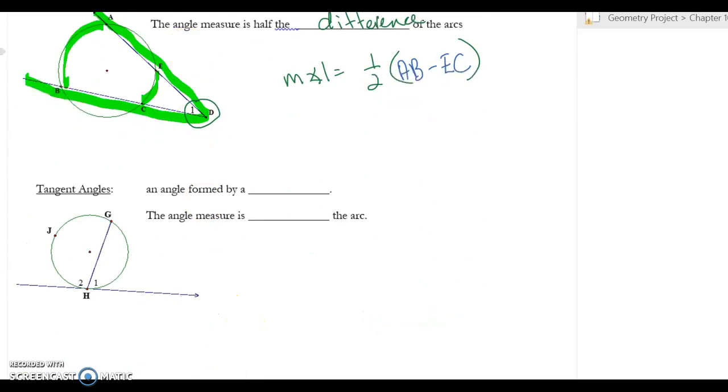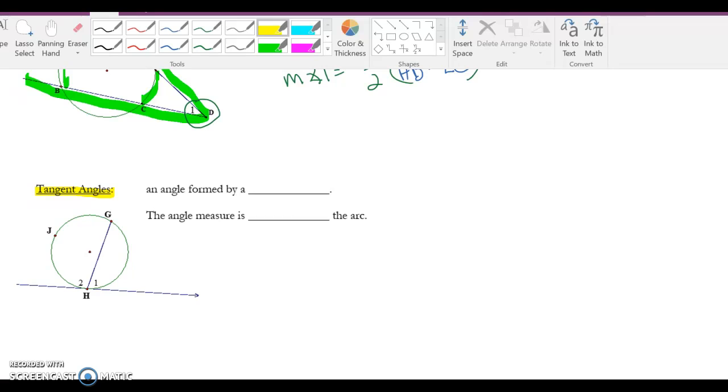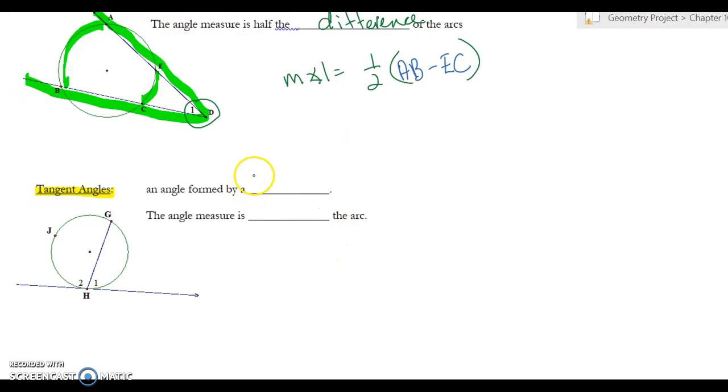Okay. The next type of special angle we have is tangent angle. It's an angle formed by a tangent and chord. And so the angle measure is half the arc.